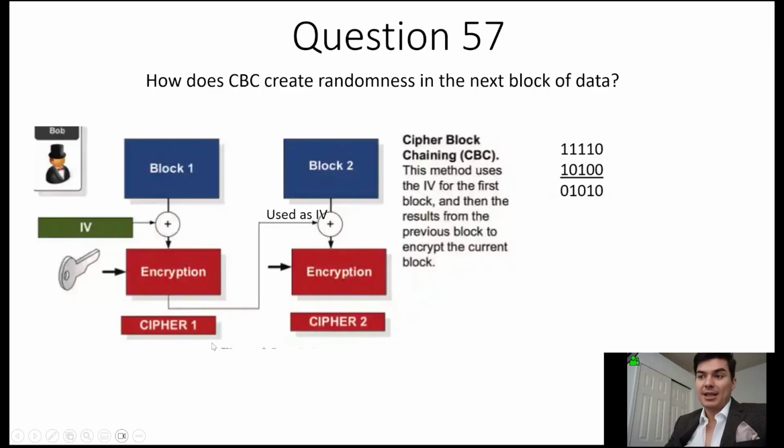The way it creates randomness in the next block of data is it takes this Cipher1 and uses this as the initialization vector for block 2. So block 2 is then XORed with Cipher1, and then it's put through this encryption to Cipher2. And then Cipher2 is used for the next block of data, block 3, and XORed against that. Specifically, here's the block of data, here's the initialization vector, and this is the result of the XOR, which then gets encrypted, creating this Cipher2. And that process goes on forever.